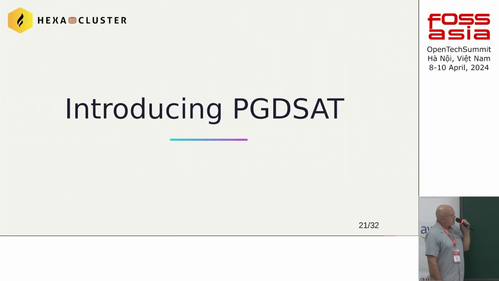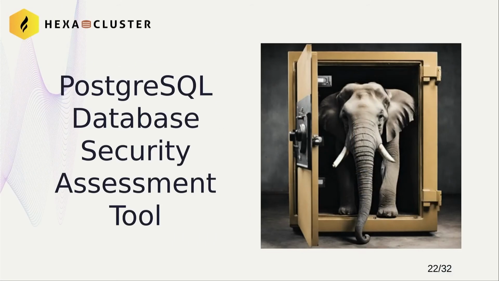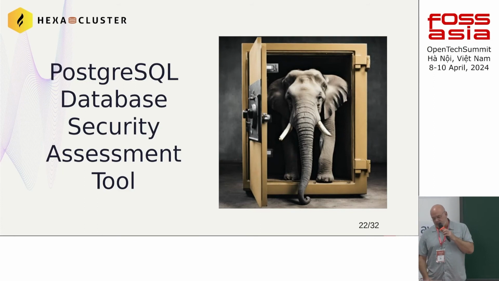So let me introduce pgDSAT, which is a tool that aims to perform all automatic checks about security of a PostgreSQL cluster and collect all the information that the DBA needs to check manually.